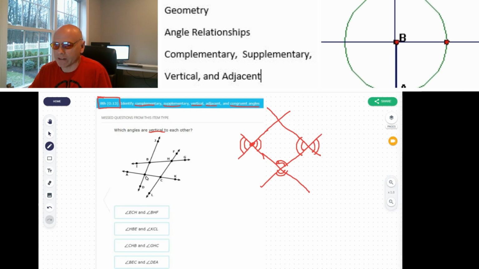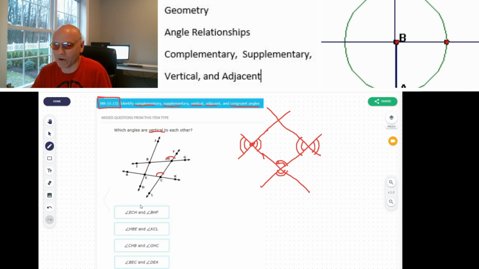ECH, where's that? ECH. Finding it is half of the battle, right? And there's ECH. BHF. BHF. Huh. Do those angles share the same vertex?